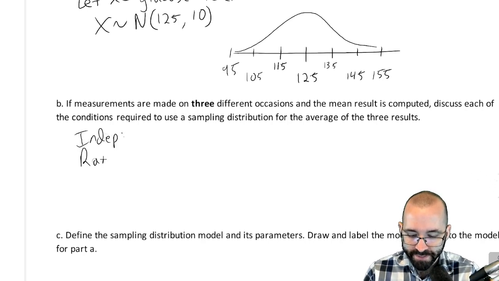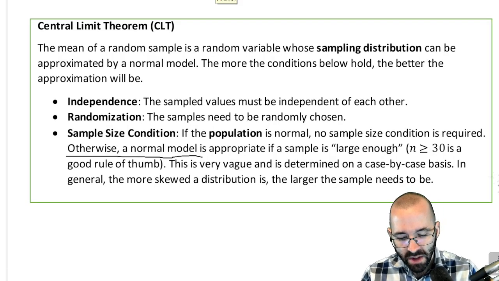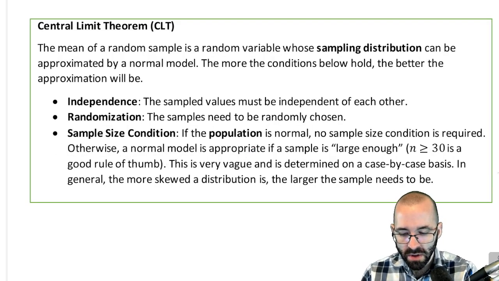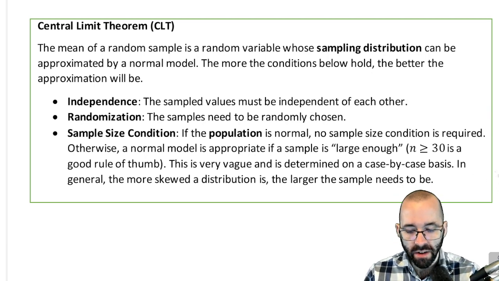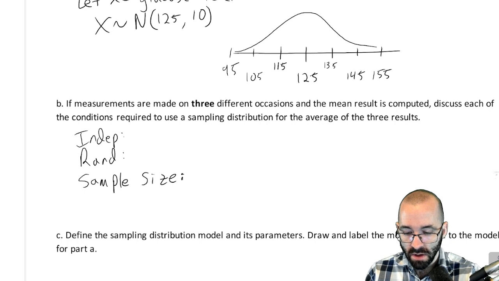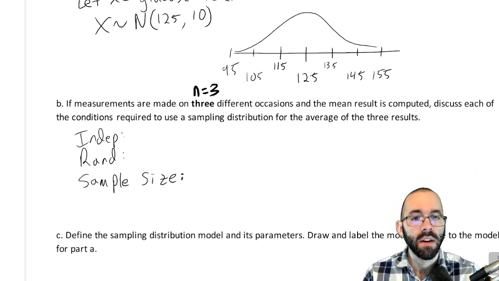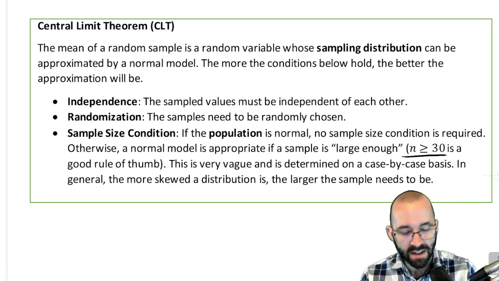All right. The sample size condition is easy here. The sample size condition said, if the population is normal, no sample size is required. Is our population normal here? Otherwise, we have a problem. Right? This is our N. I said a good rule of thumb is at least 30.